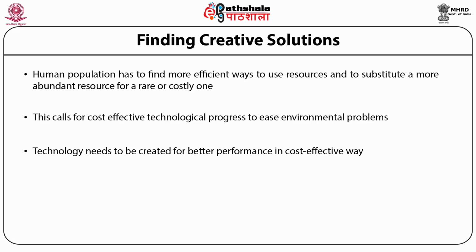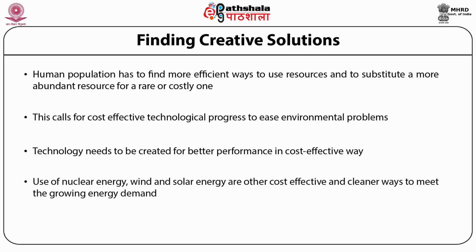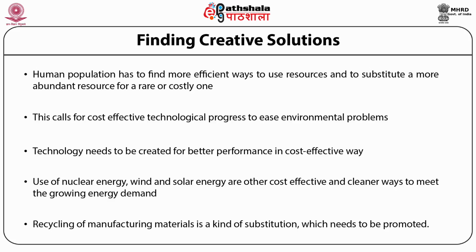Technology needs to be created for better performance in a cost-effective way. Use of nuclear energy, wind, and solar energy are other cost-effective and cleaner ways to meet the growing energy demand. Recycling of manufacturing materials is a kind of substitution which needs to be promoted.